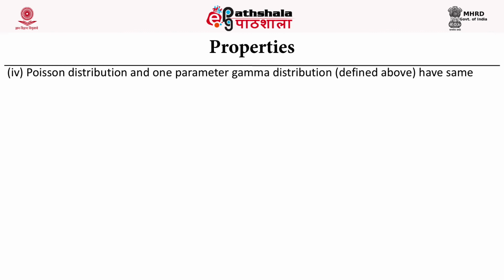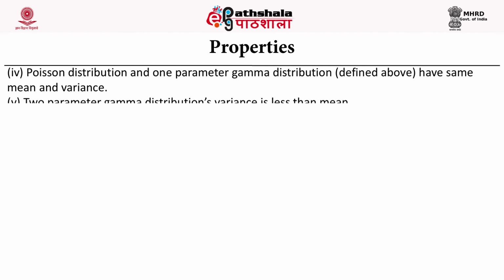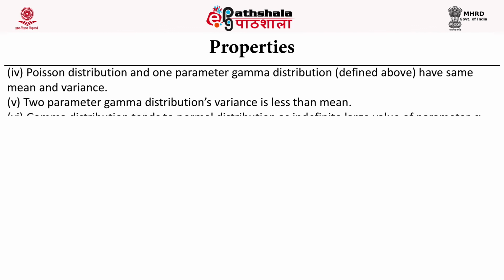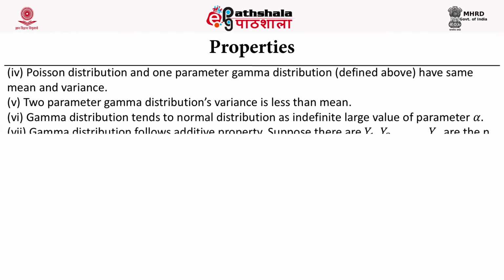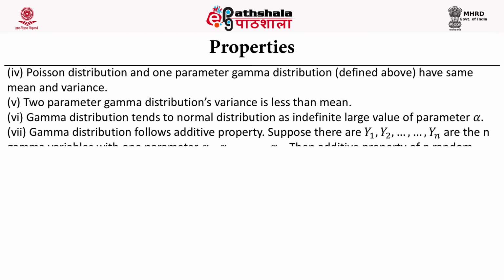Some of the properties that represent the relationship between the gamma distribution and the Poisson distribution are given here. The Poisson distribution and the one parameter gamma distribution have the same mean and variance. For the two parameter gamma distribution, the variance is less than the mean. Another property is that the gamma distribution tends to the normal distribution as the parameter alpha becomes indefinitely large. The gamma distribution also follows the additive property.